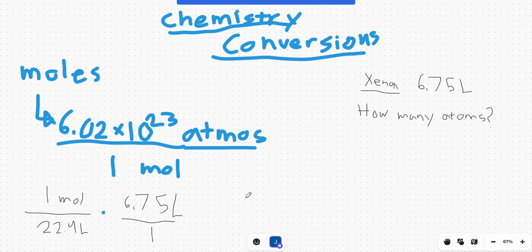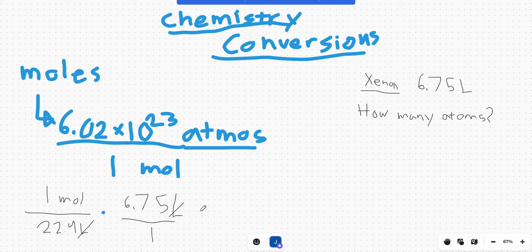So I set up my equation specifically so that the liters will cancel out. As we know of cross multiplying or cross canceling, the liters cancel across and the moles will cancel across. So since the moles cancel across, the moles will stay, which is what we're trying to solve for.